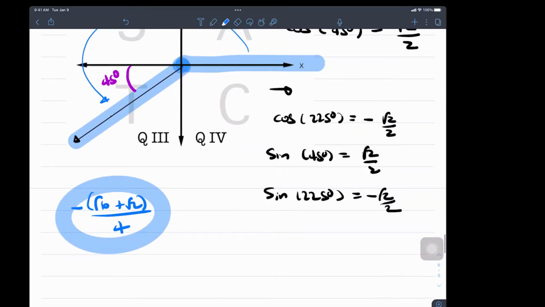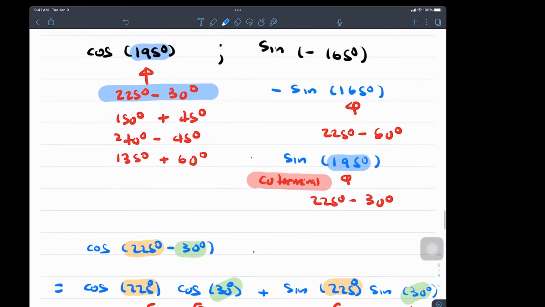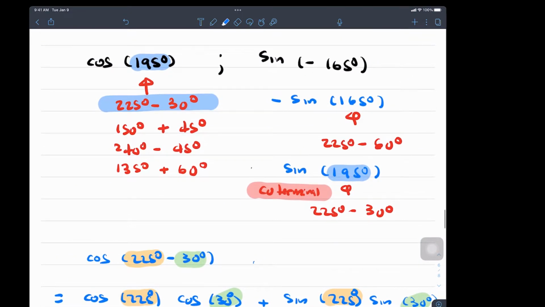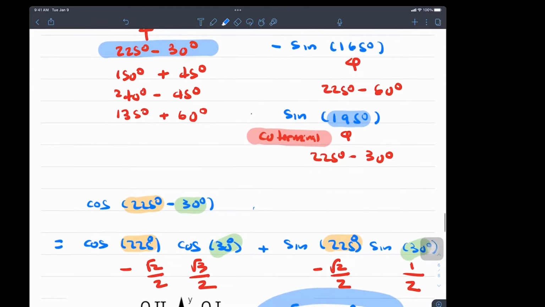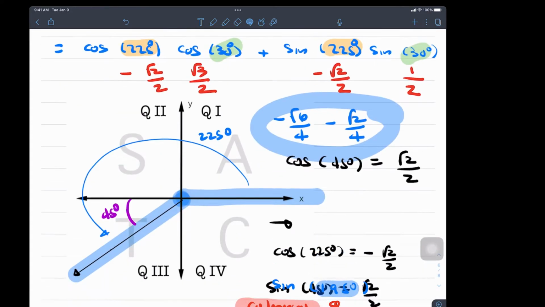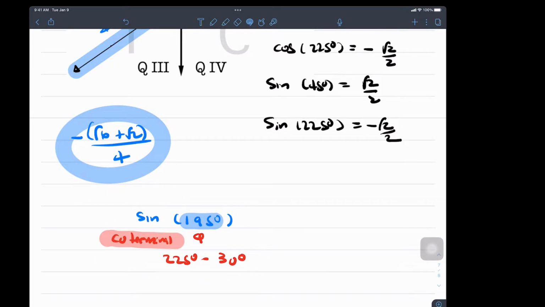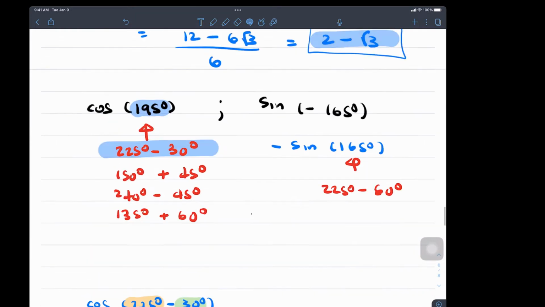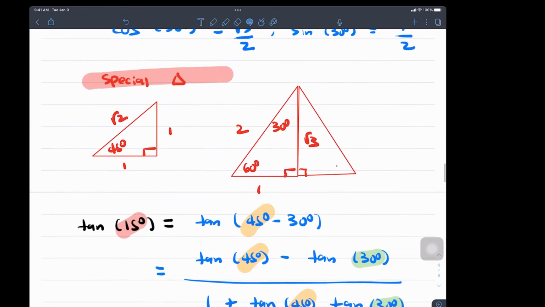And then you go, okay, what about this other one? Sine of now, you did coterminal. So if you want to do this, it's a difference formula again. So you have to go sine of a difference. So you got to get that difference formula here.